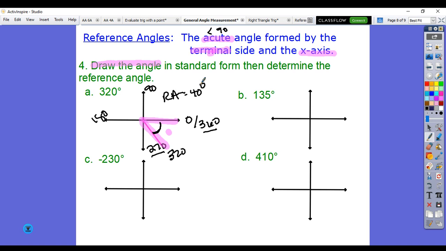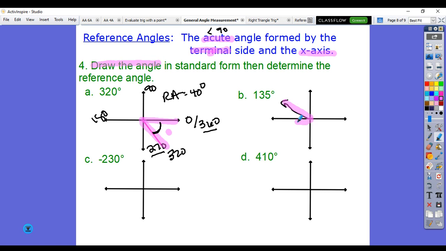Okay. All right, 135. So what quadrant is 135 in? More than 0, more than 90, but less than 180. My angle's right here. Then I'm going to grab my highlighter. I want the terminal side, so right here, and the x-axis making an acute angle.